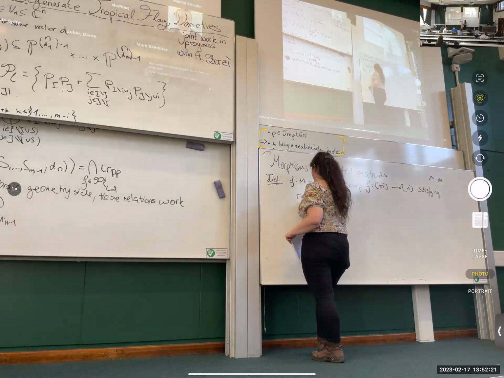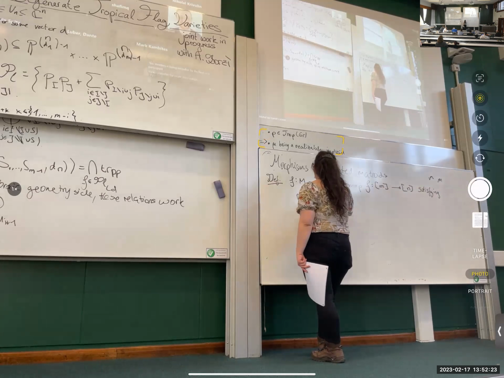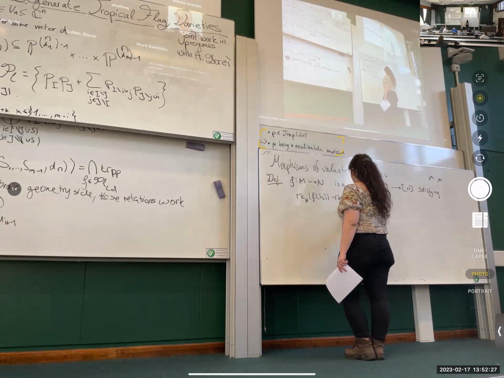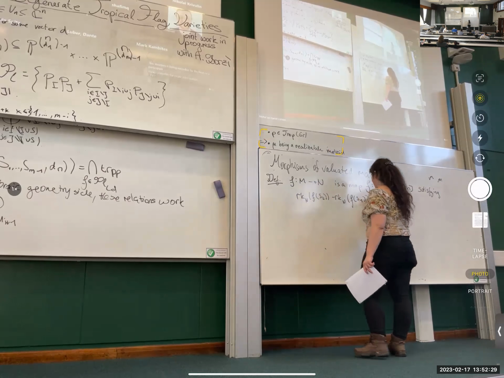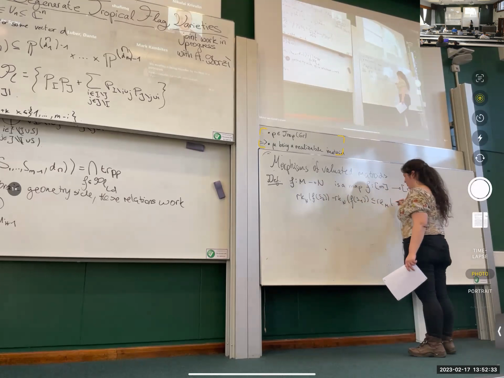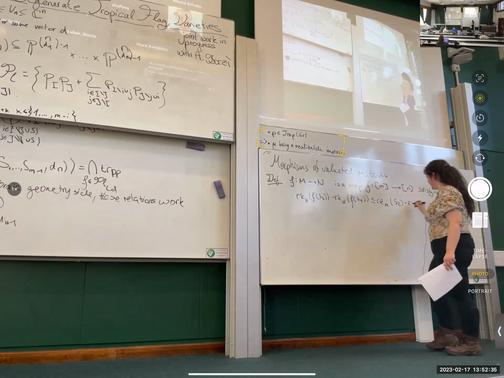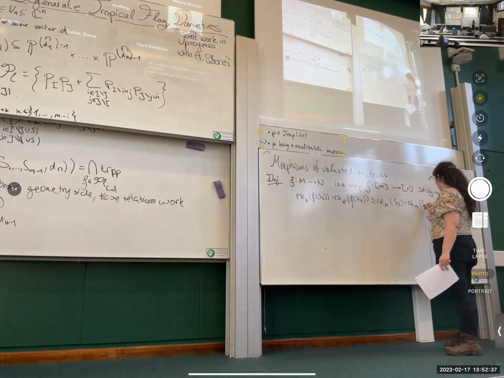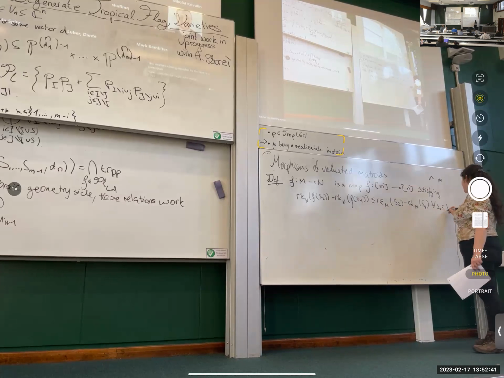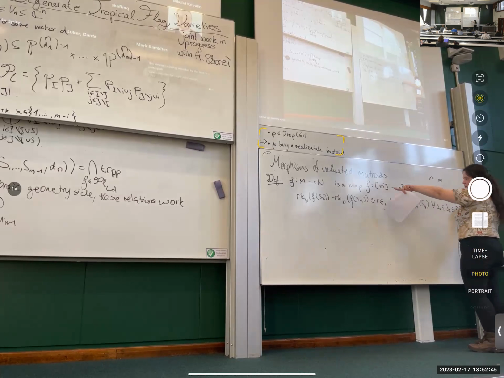The rank of N of f(S2) minus the rank of N of f(S1) is less than or equal to the rank of M of S2 minus the rank of M of S1, for all S1 contained inside of S2, contained inside of the ground set of the matroid at the start, so inside of M.